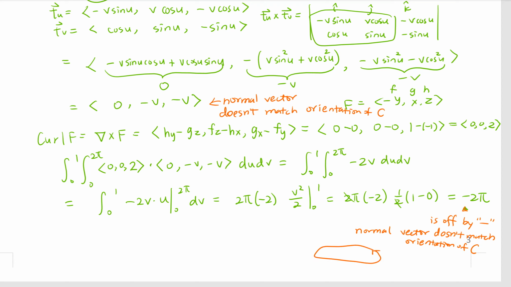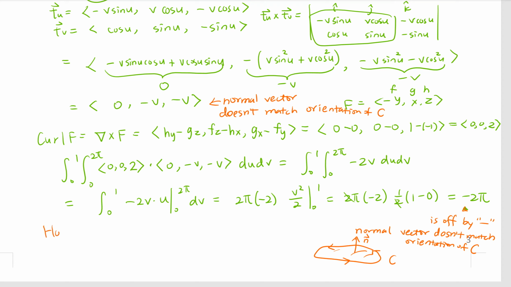If your C is going counterclockwise, this is your surface, then your normal vector should point up. However, with the permutation we chose in this case, our normal vector points down. So that's why it's off by a negative.